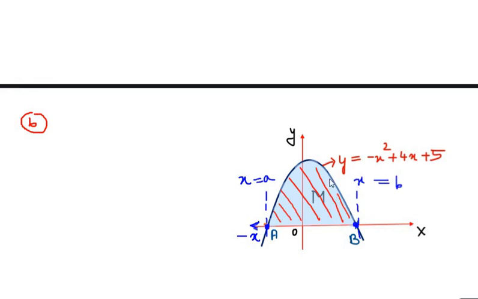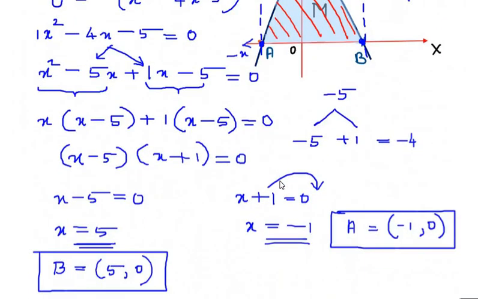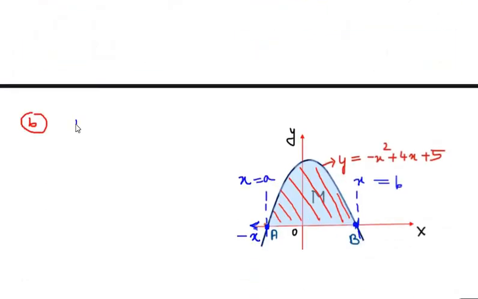I have redrawn it over here. To find the area of this region, we have to use a formula which is given as area is equal to the integration from the lower limit to the upper limit of y, that is the equation of the curve, dx.